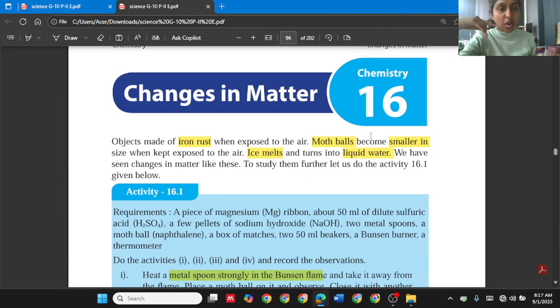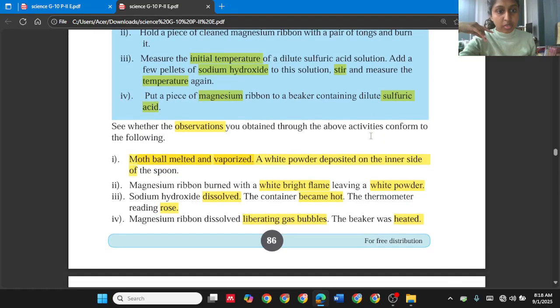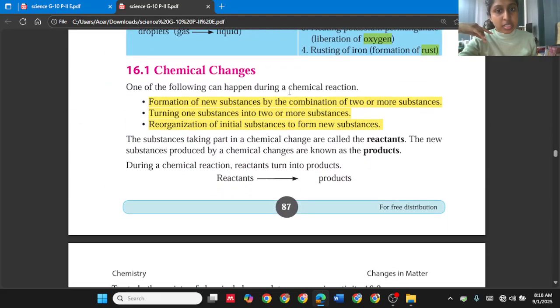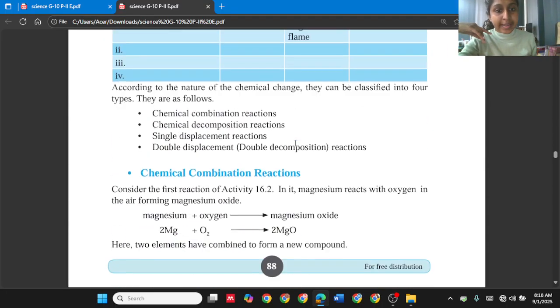Okay, we were on this lesson, changes in matter, lesson number 16, grade 10 part 2. So we discussed chemical changes and what types of chemical changes there were.